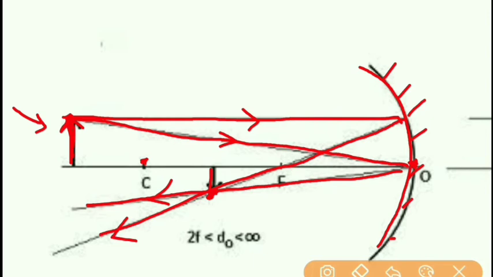Now students, earlier we have seen that when the object was very far away, that is at infinity, the image was formed at the focus. But as the object comes towards the mirror, the image moves from the focus towards C. You can see now the image is here, at this point.